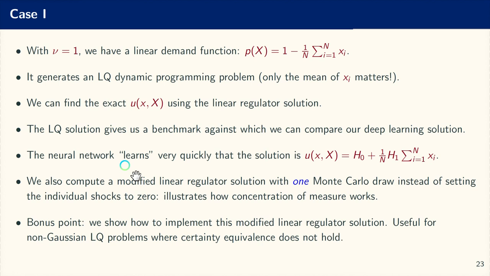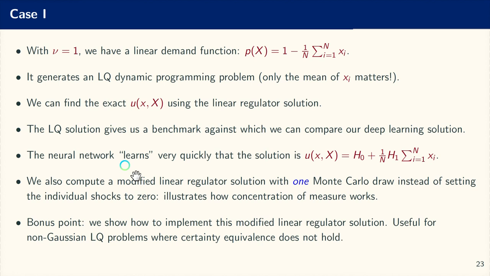And what my neural network is going to do is going to learn, quote unquote, very quickly that the solution has that linear quadratic structure that gives us a linear function of the decision rule on the sum of all the productions, of all the capitals in the economy. And then I can look at the left-hand side, at what my left hand has produced, which is the exact solution, what my right hand has produced, which is my neural network solution. I compare both of them and I say, hey, these are very, very similar. I'm going to do that in a second.